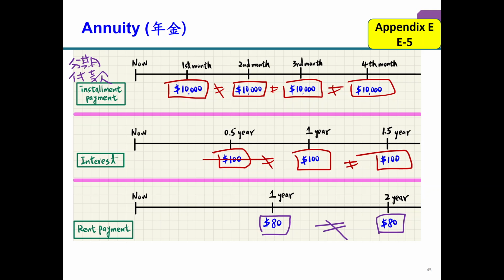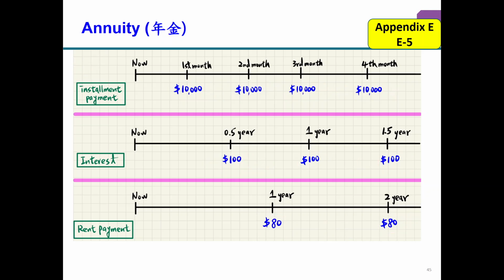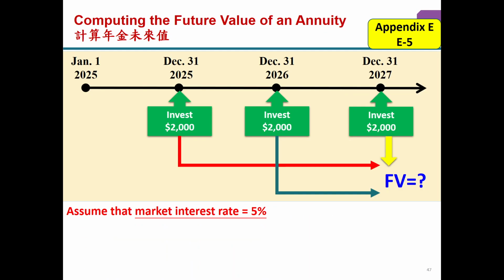Totally the same as the last 2 hours. But the only difference is you have to do it 2 times, 3 times, 4 times. Same process as before, but you have to do it many times. So for example, on your slide, page 47, I have $2,000 for each year.